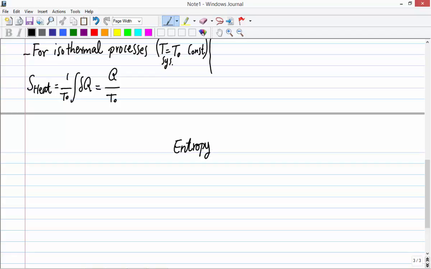So entropy, like energy or mass, has a balance formulation, like conservation of entropy, let's say. Depending on what sort of system we have, closed system or open system, we will have two different formulations.